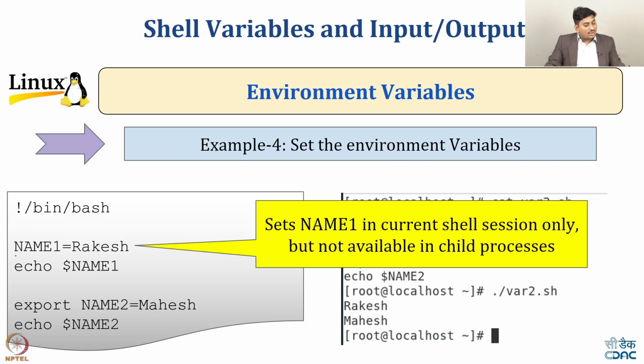Whenever we directly declare a variable, that variable is set in the current shell session only, but that variable will not be available for the child processes from that particular shell. If another process has been spawned, like a child process, that particular variable will not be available to the child process.